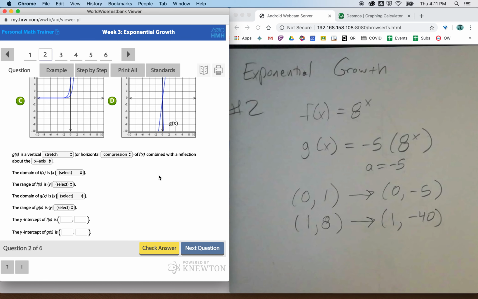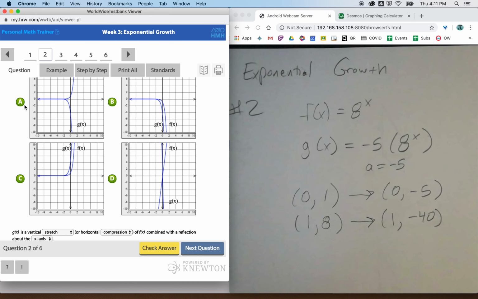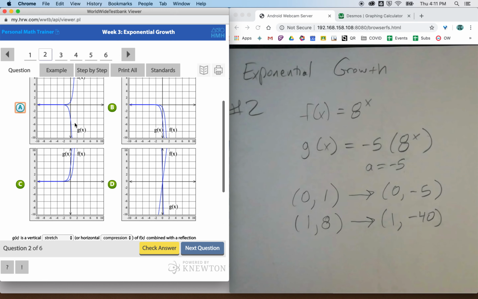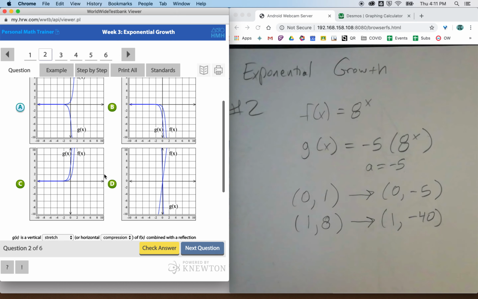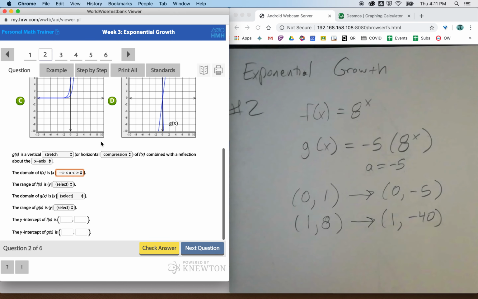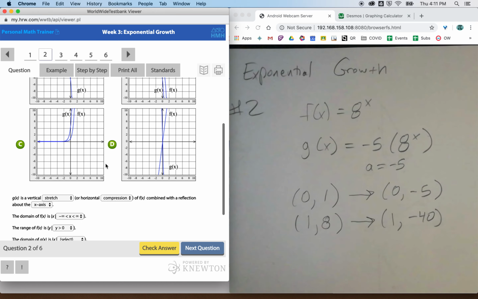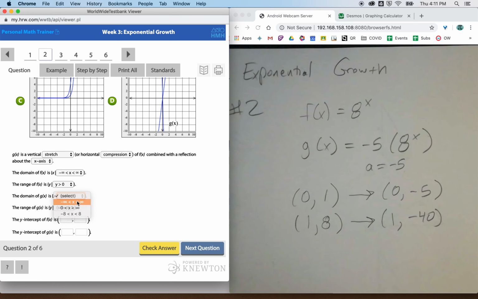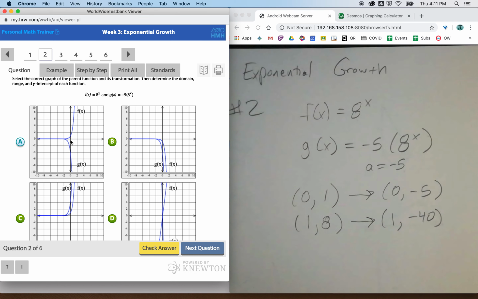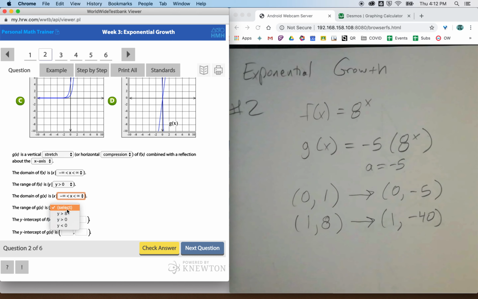The domain of f of x, the parent function, is -infinity to infinity, and the range goes from 0 to infinity, or y is greater than 0. For g of x, the domain is also -infinity to infinity. Range is going to go from 0 to -infinity, or in other words, y is less than 0.